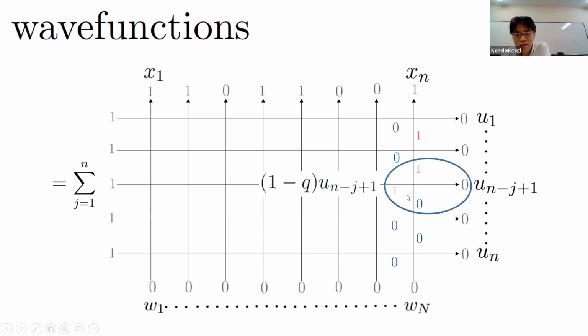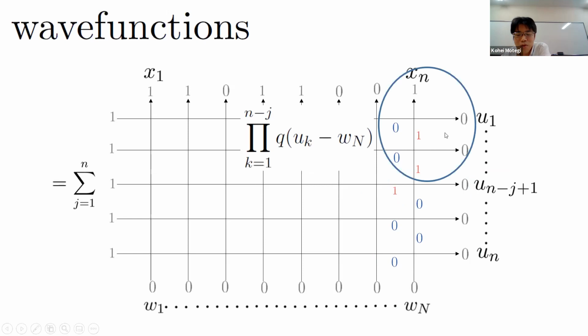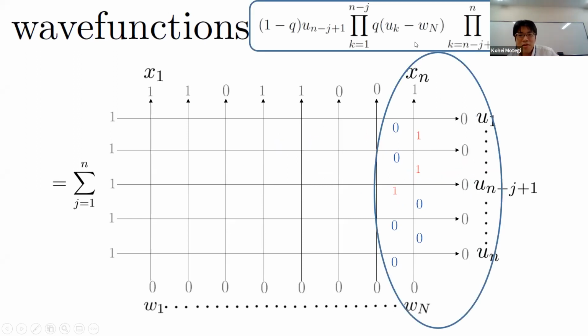The Boltzmann weight here is this, and this part is the product of these factors, and the weights coming from this part can be written like this. Then you see that the contribution coming from this column can be written like this. And then we regard this partition function as a polynomial in W large N.